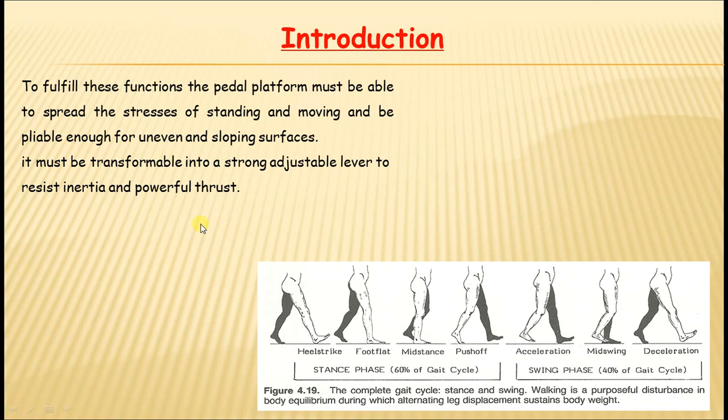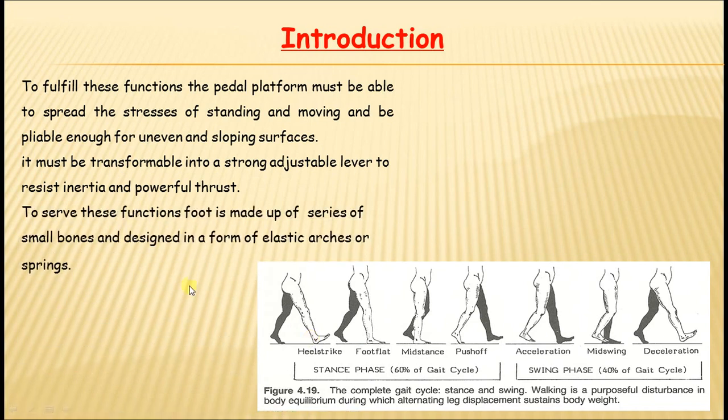Now, if you look at your lower limb from the ankle region and then the foot, we will assume it is made up of a single lever. Now, if this single lever is present, how to make it more efficient for weight bearing and for propulsion?